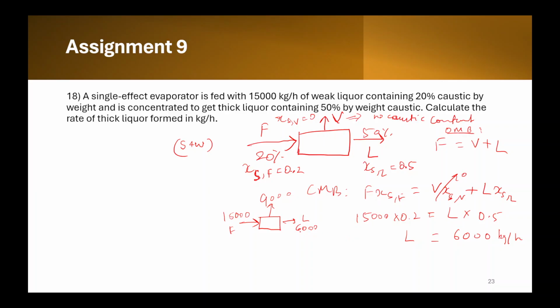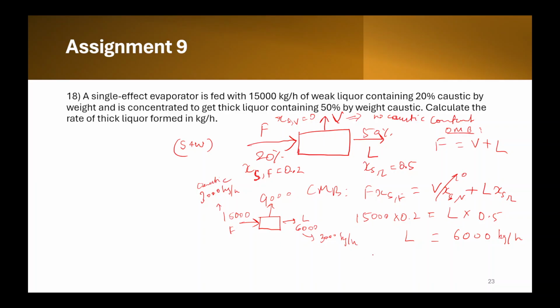And 50% of this was caustic. So 3000 kg per hour was caustic. Here you can also see that 15,000 into 0.2 gives 3000 kg per hour of caustic.